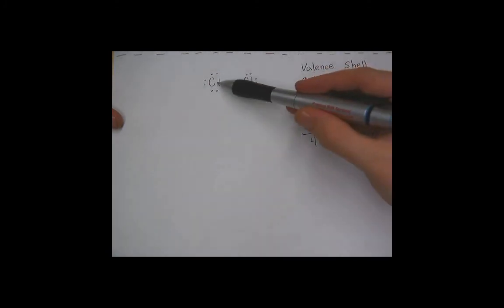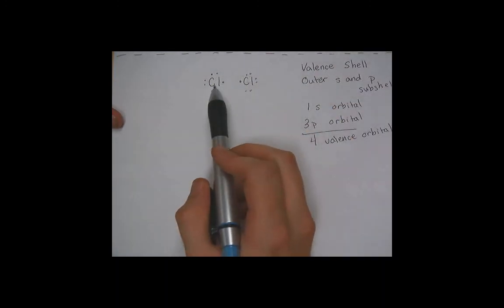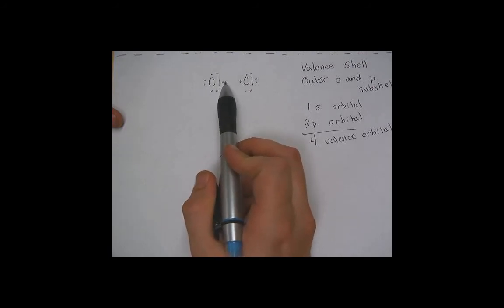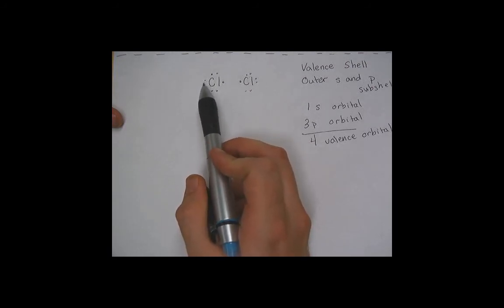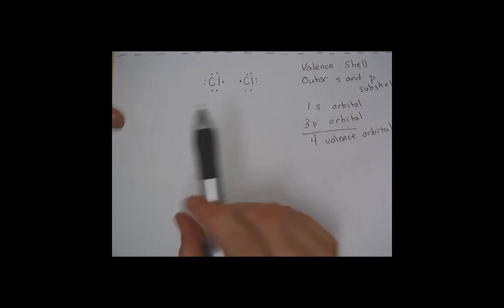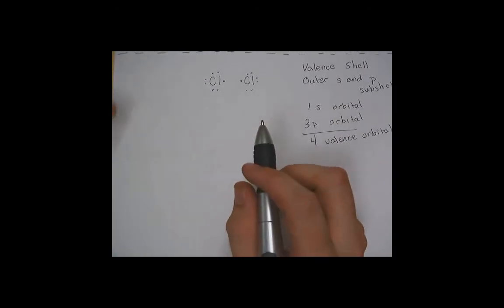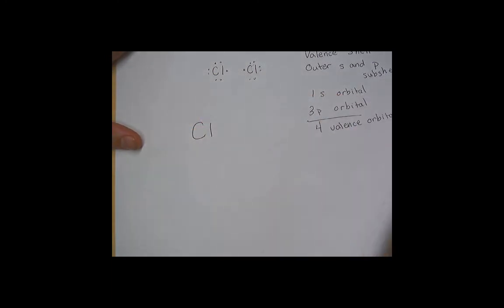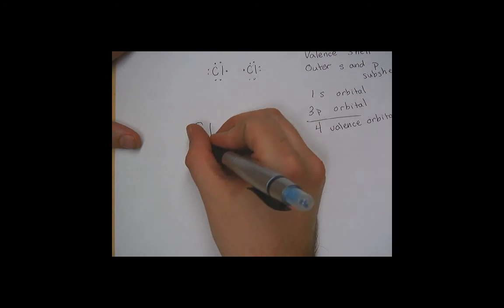So in writing the Lewis dot structure of the element, we take the 7 valence electrons that chlorine has and we position them in the valence orbitals around chlorine. The other thing you should keep in mind is that each individual orbital can only hold 2 electrons. So when I start with chlorine and I know I have 7 valence electrons, I'll start and put 1 in each orbital.